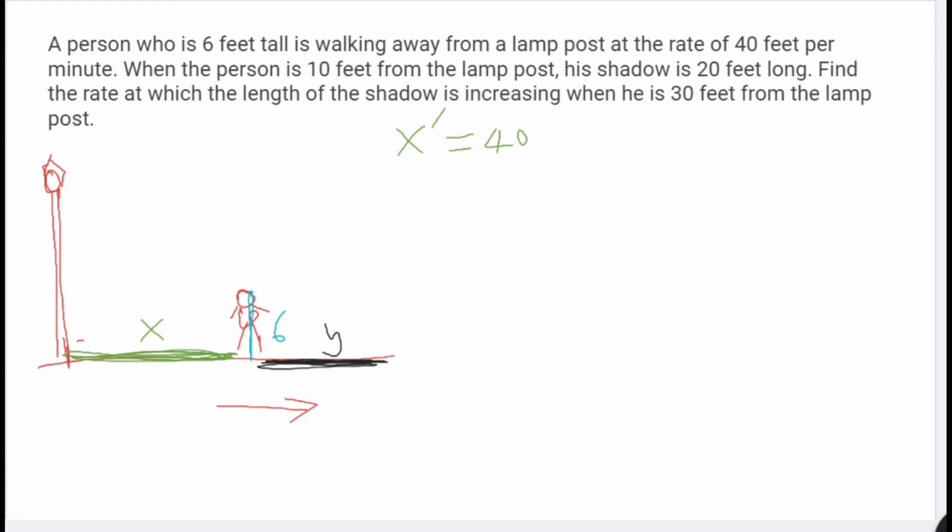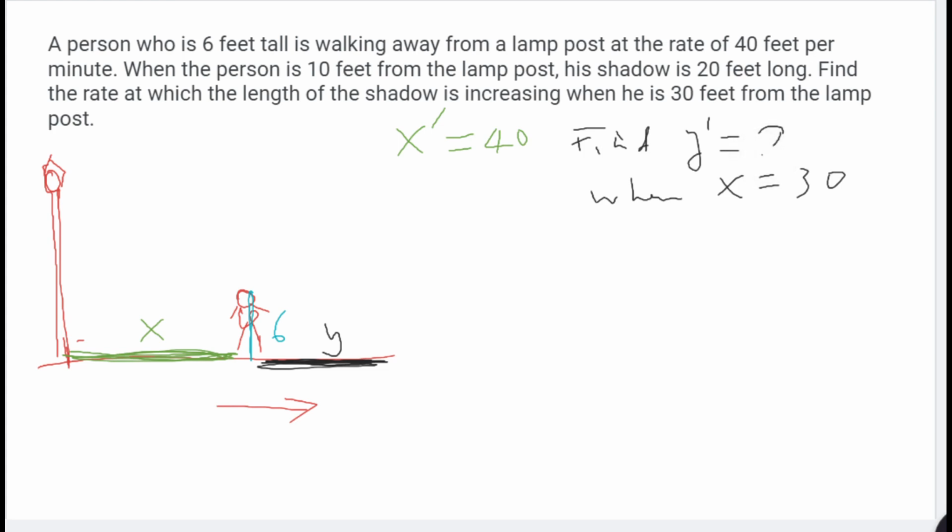So find the rate at which the length of the shadow, and that's y prime. So find y prime, because y is the length of the shadow, right? Find y prime when he's 30 feet from the lamp, when x is 30.